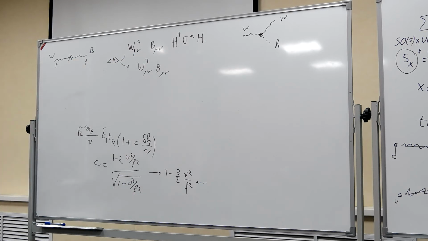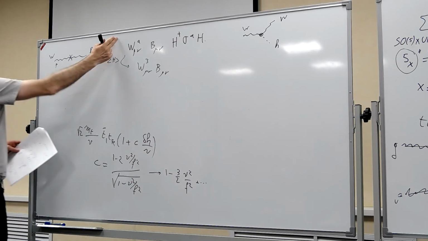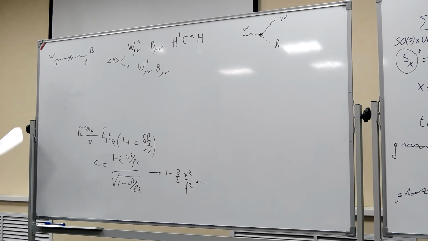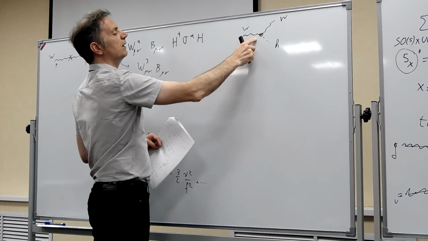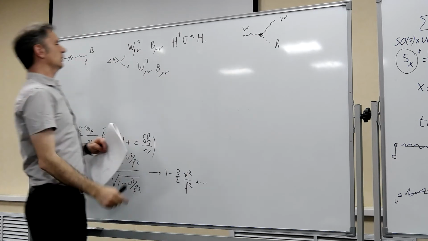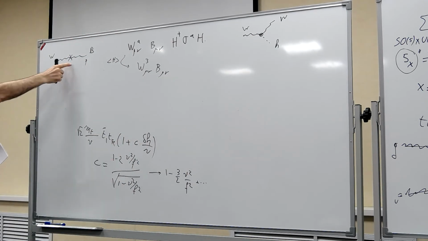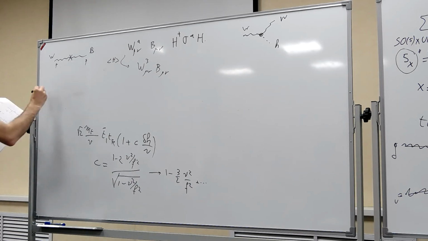Now it's time to look into more detail at the full list of operators that you can constrain, and what the constraints are on those different dimension 6 operators. The rule of the game is simply to write all the possible dimension 6 operators that are gauge invariant under SU(3) × SU(2) × U(1), built with standard model fields.